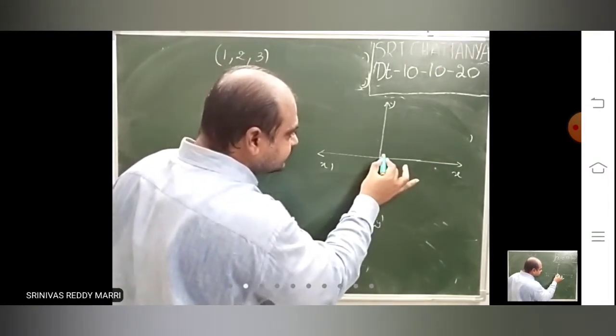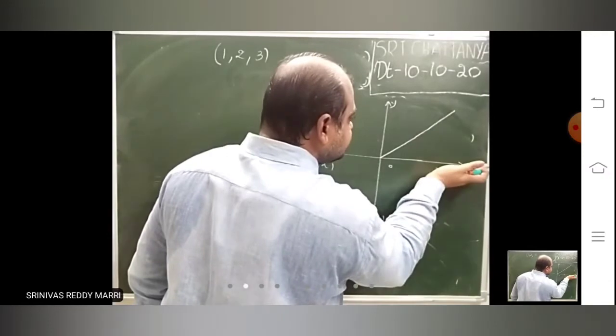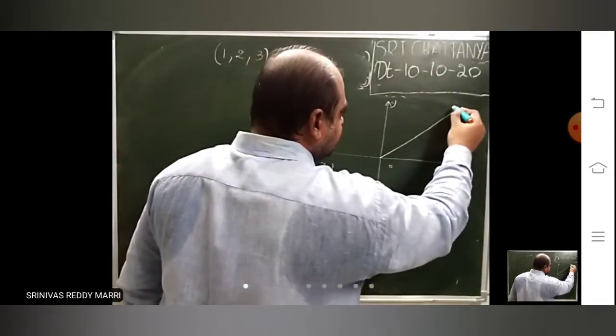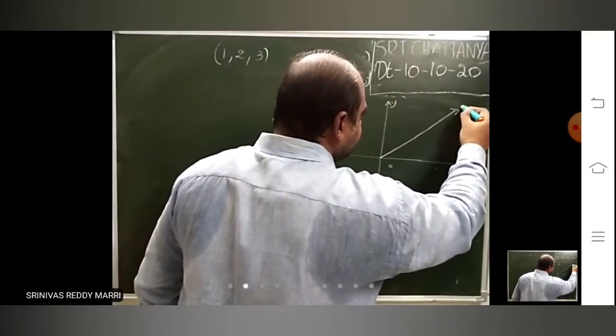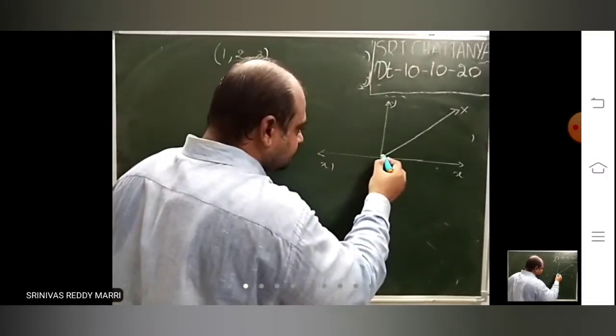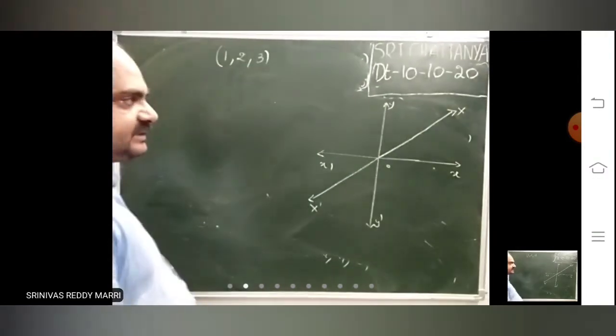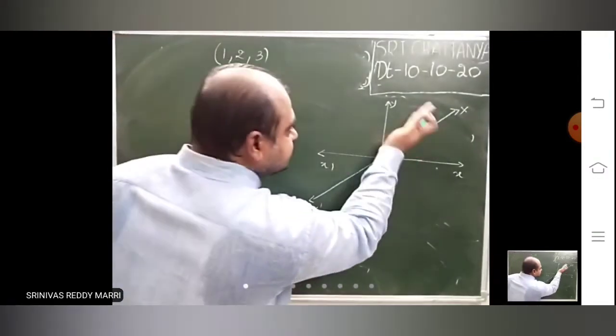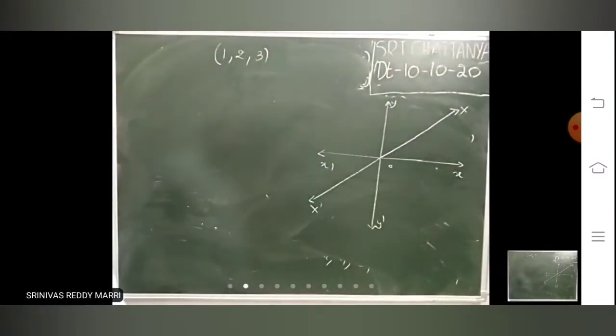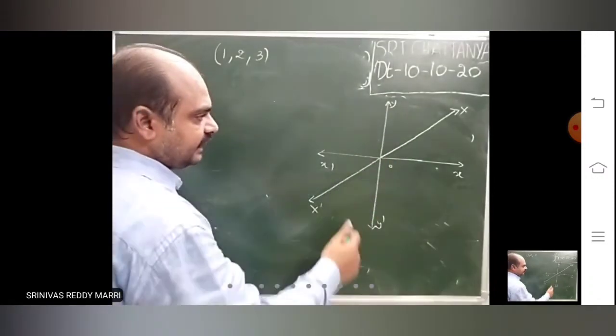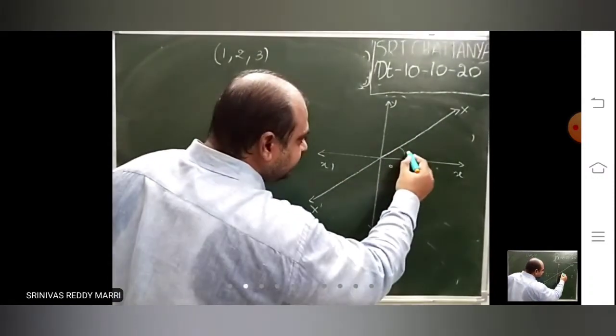So look at, new x-axis will be like this. The difference is previously it coincides with this. Now new axis will be this, x dash, right? So previously this will come like this. That will be easy to calculate. So now look at, this is 45 degree.